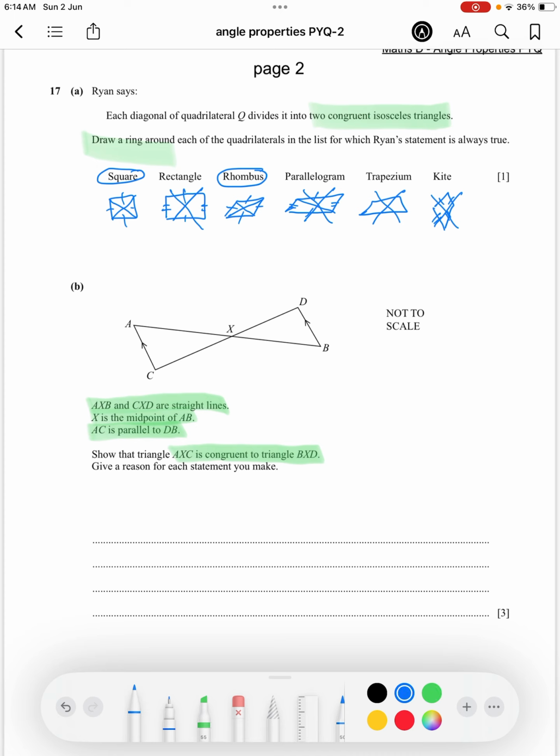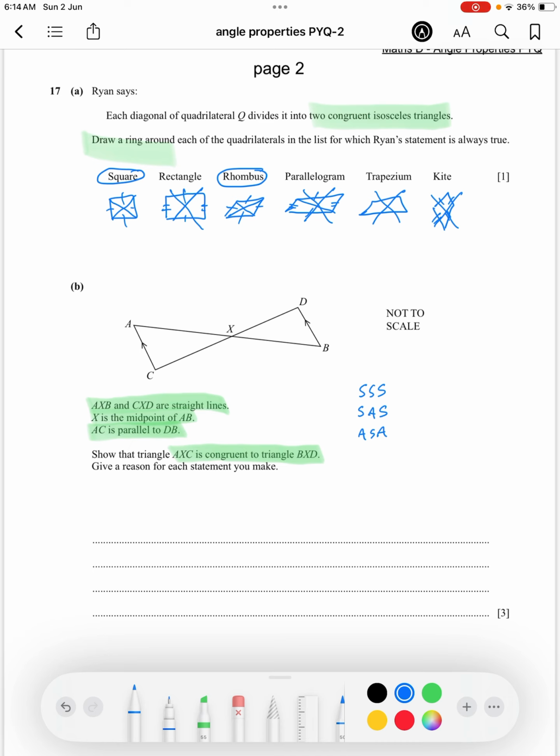So there are three conditions. Either you can prove that the three corresponding sides are equal, or you can prove that two corresponding sides and one corresponding angle is equal, or you can prove that one corresponding side and two corresponding angles are equal.